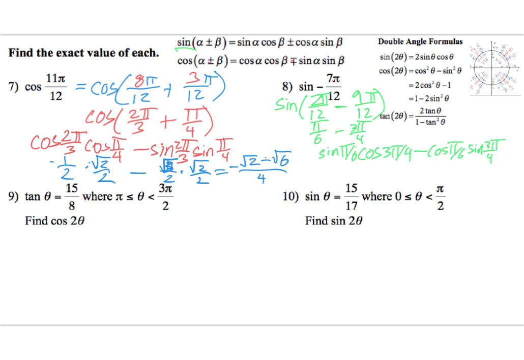So plugging this in, that's going to be 1/2 times the negative root 2 over 2 minus root 3 over 2 times the positive root 2 over 2. Gets us negative root 2 over 4, and then minus root 6. It's exactly what we had in the first one.